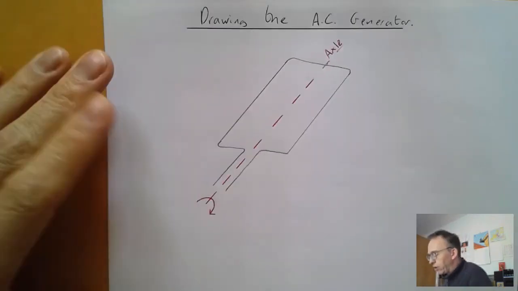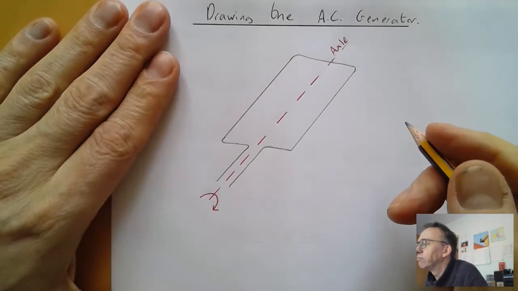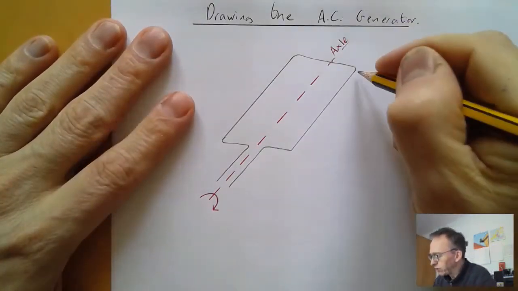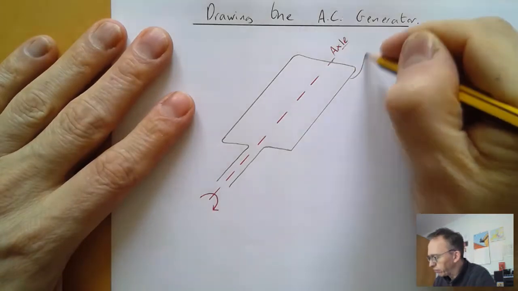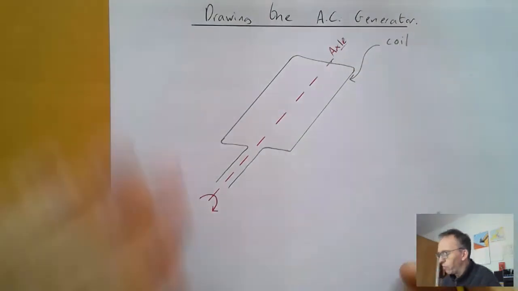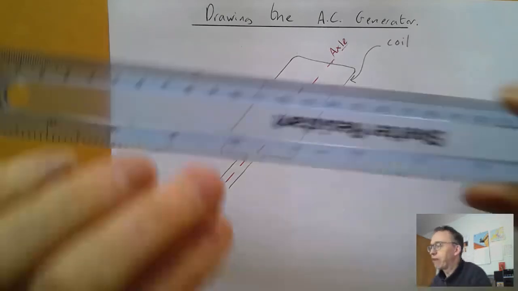Okay, now if we spin this coil, I'm going to label it as a coil. So, if we spin this coil, nothing's going to happen. But if we spin it in a magnetic field, then we'll generate an EMF.